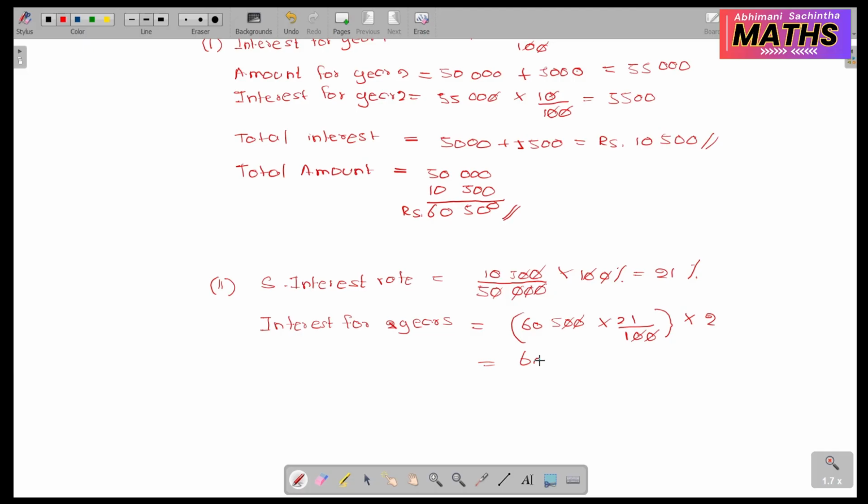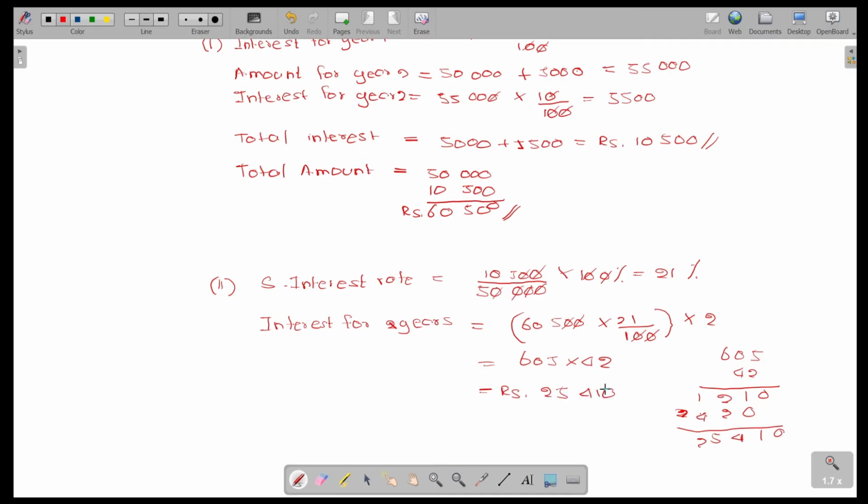Then 605 multiplied by 42. And we get 25,410 rupees. So this is the way we have to solve the first question of part A.